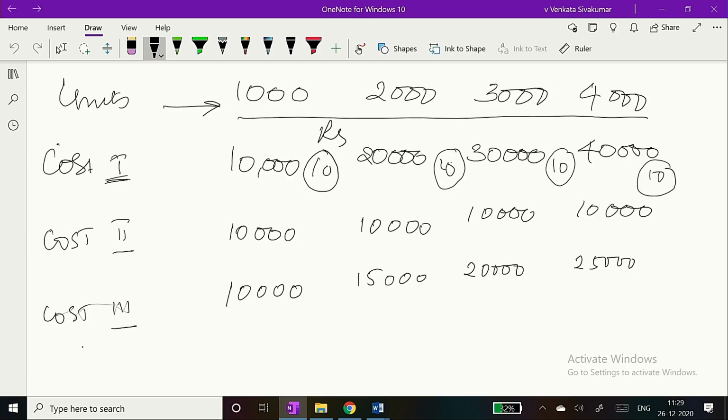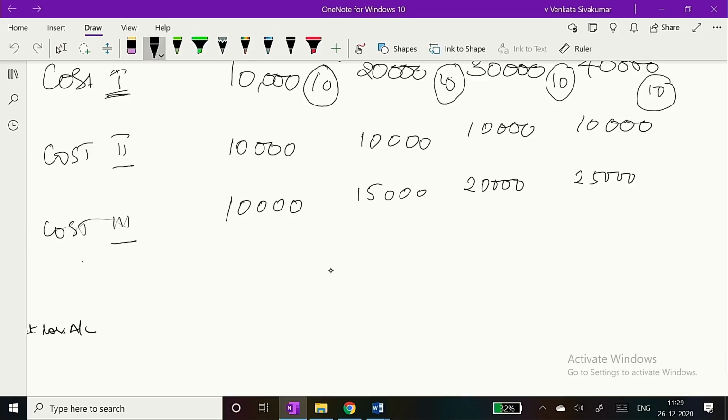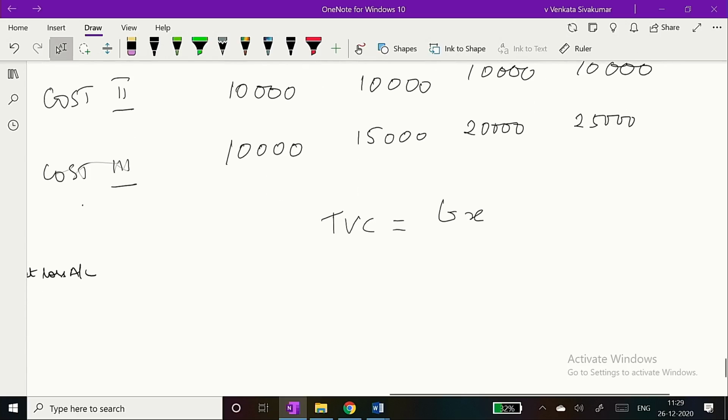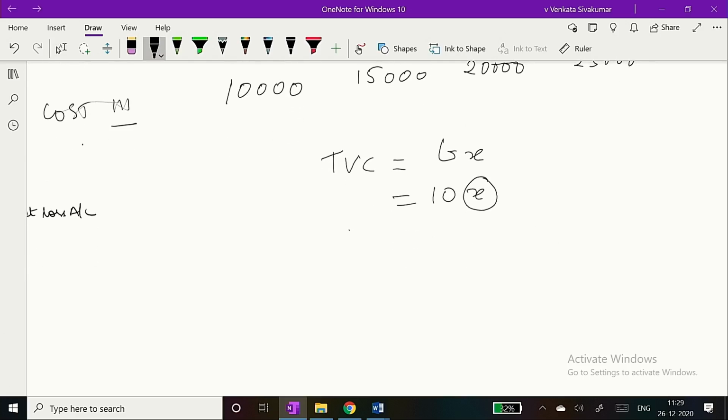So, total variable cost is equal to Bx, where B is constant, here 10 rupees. X is number of units produced, variable. So, the total variable cost is behaving like this. Total variable cost at 0 level is 0, but it is increasing.